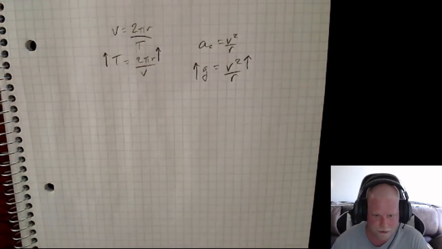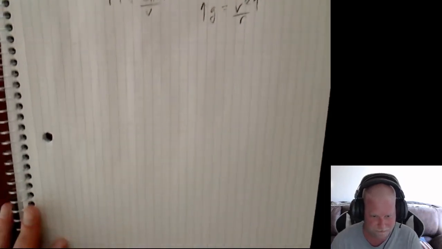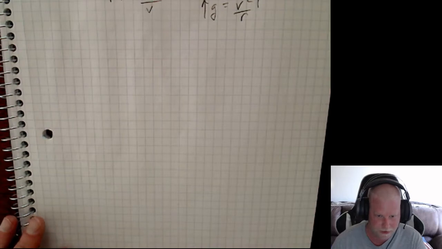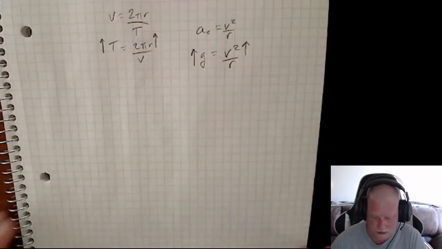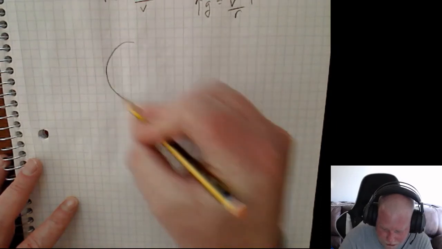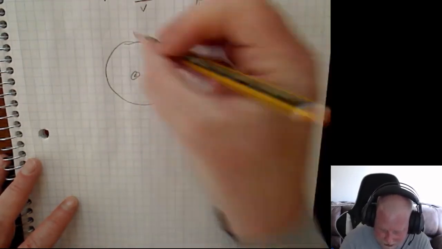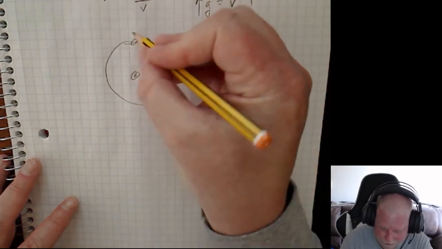Now, we can also derive a formula for the speed required for a satellite to maintain a circular orbit. Now, anything in orbit, if we were to draw a free body diagram for it, so let's say this is the Earth right here at the center, and this is the moon.